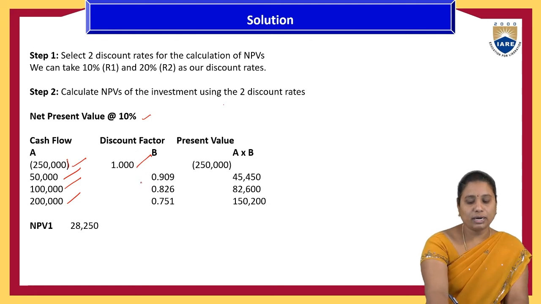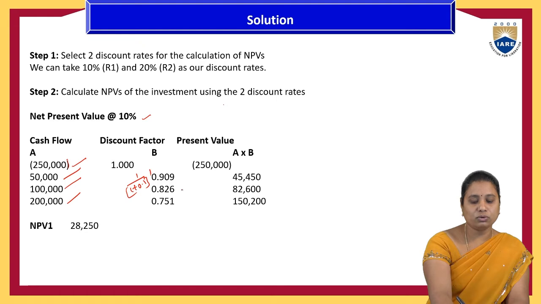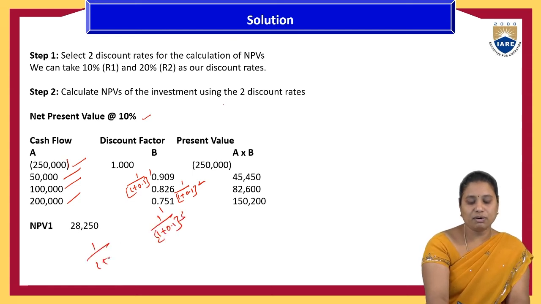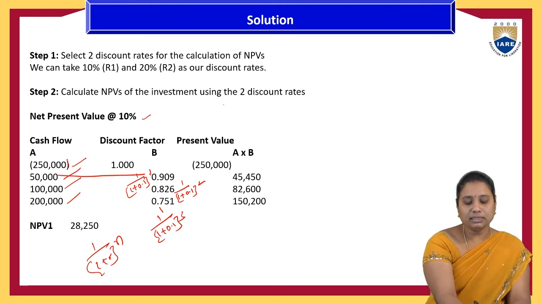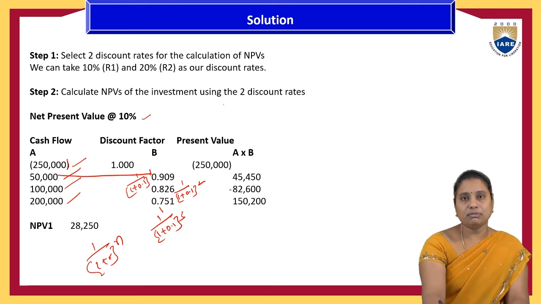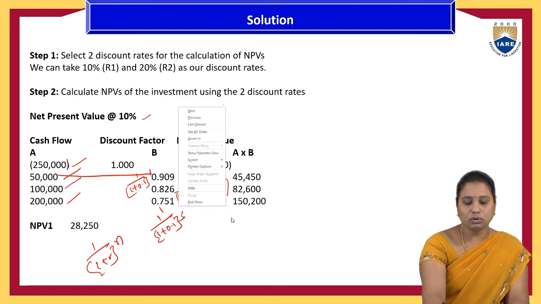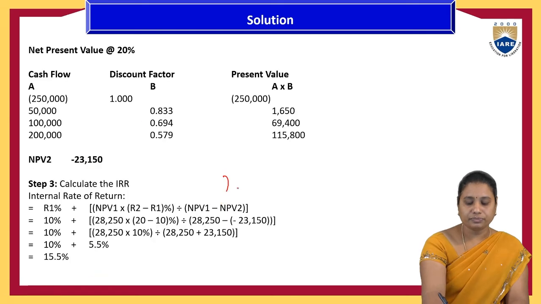Here it is 0.909, that is 1 divided by 1 plus 0.1 whole to the power of 1, then 1 divided by 1 plus 0.1 whole square, and here 1 divided by 1 plus 0.1 whole cube. We know the formula 1 plus r to the power of n for calculating the present value of money. So if we multiply the cash inflows with this present value of 1 rupee, we will get all these values.